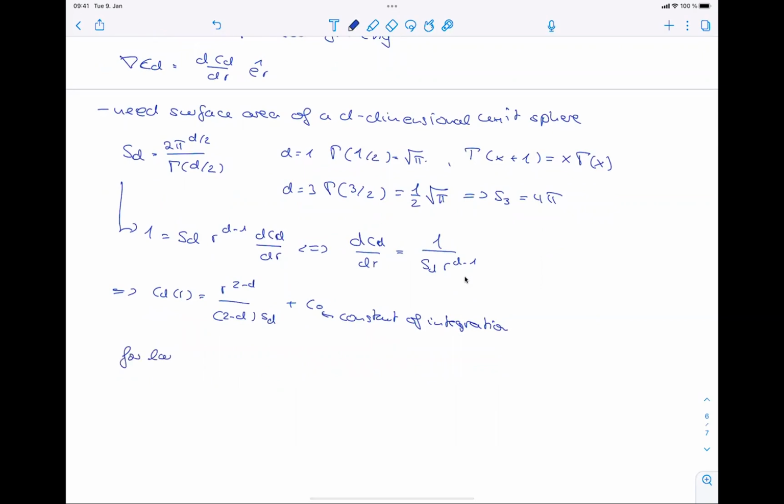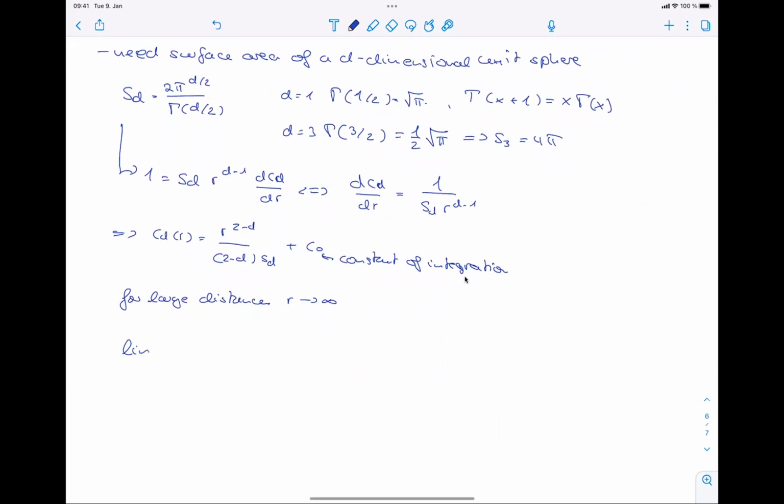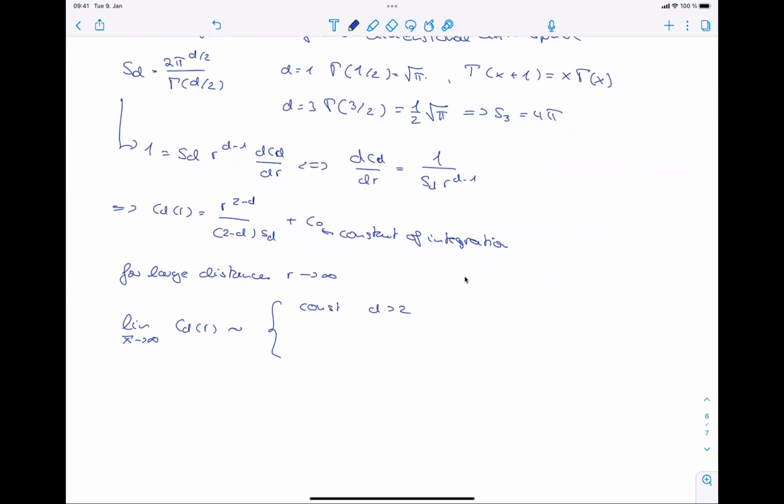So for large distances, r to infinity, or x to infinity, we find that this is a constant for d bigger than 2. It's r to the 2 minus d for d smaller than 2. And I get a marginal behavior at d equal to 2.